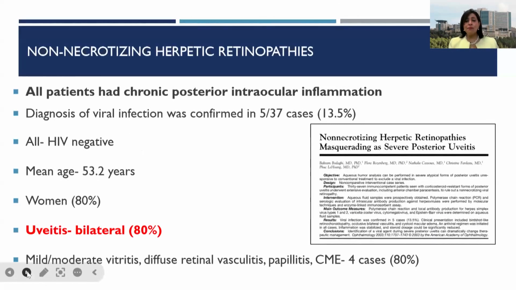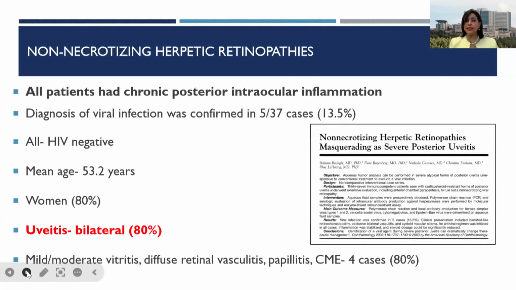In this publication in Ophthalmology 2003, there were 37 patients with chronic refractory posterior uveitis, in whom the authors performed aqueous tap, and surprisingly, 5 of these patients had a diagnosis of viral infection, 4 of whom were women.